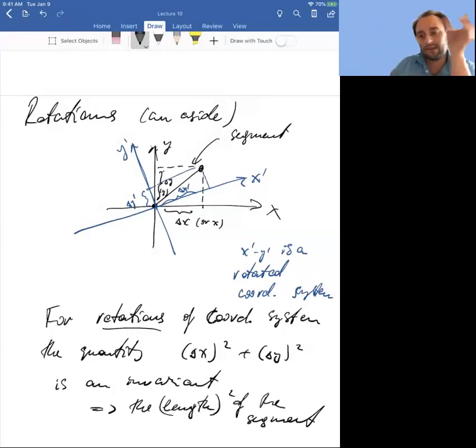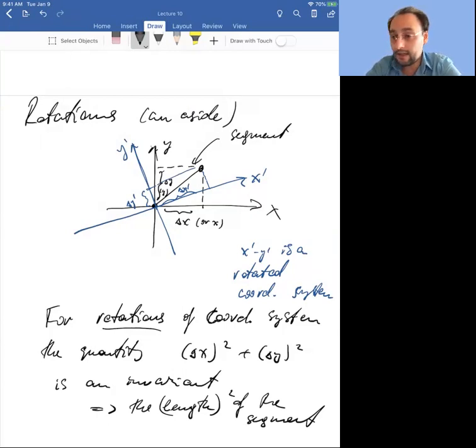And that's what I started with, right? I started talking about how you can place an origin anywhere. In this case, I'm keeping the origin, but you can rotate your coordinate system anywhere. The length of your house doesn't change. The length of your house is an invariant. The length of the segment is an invariant.